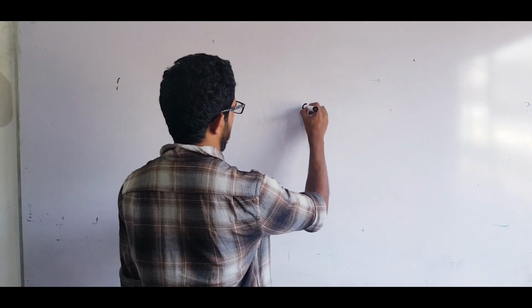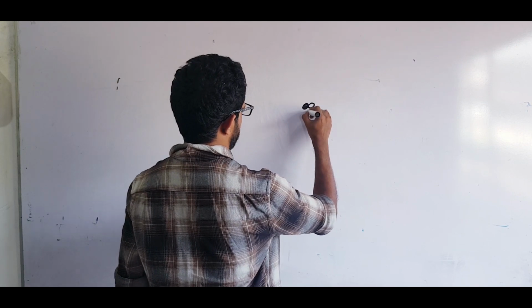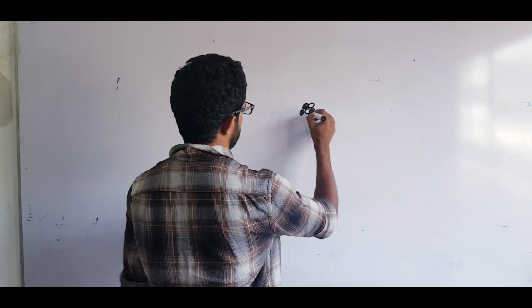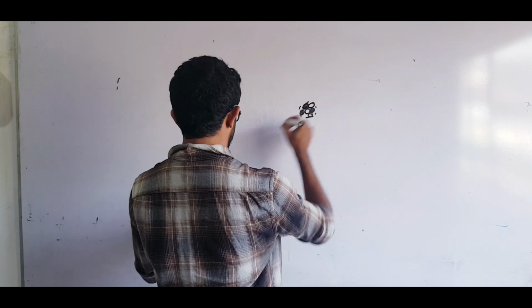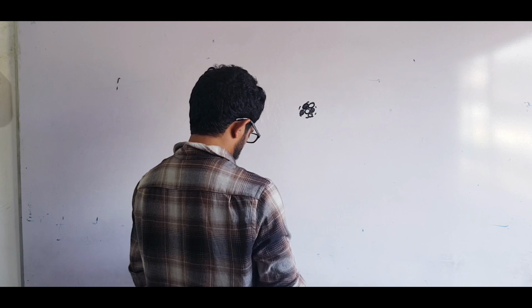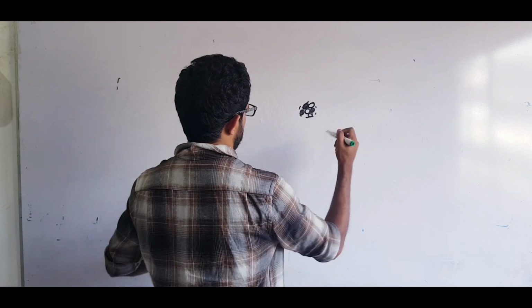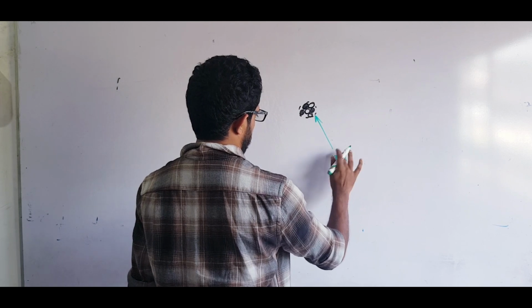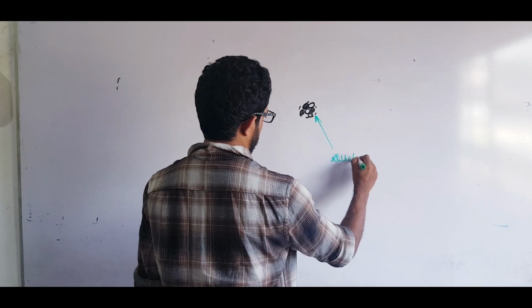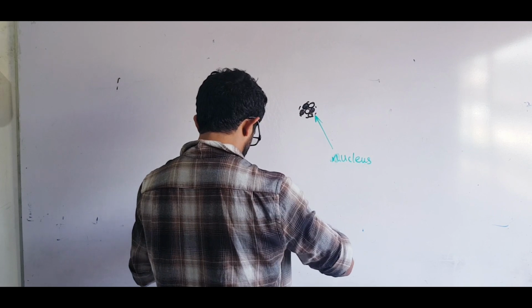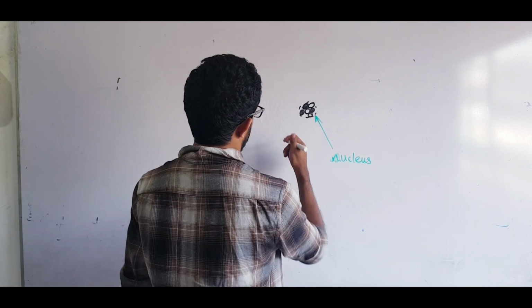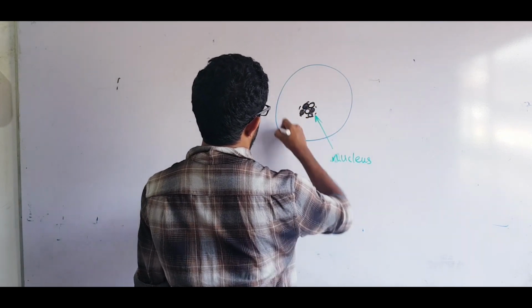So, you have certain stuff. I just draw like this. Here we call it the nucleus, and around the nucleus we have electronic shells.